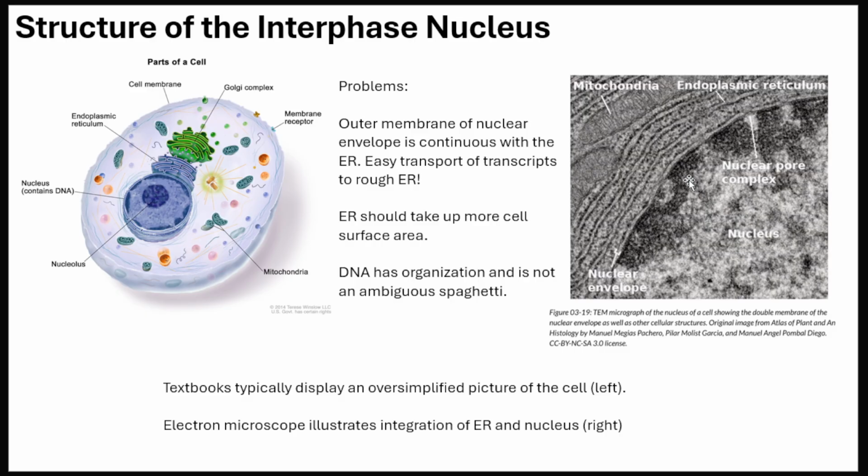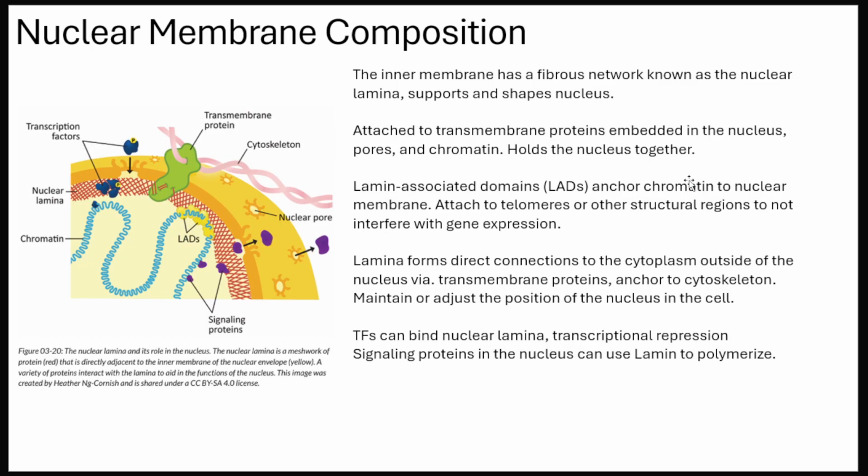But the DNA has organization too. You see a lot of the time in textbooks where it's just this ambiguous spaghetti, but there's such a high level of organization, which we will get into. So, starting on the outside of the membrane, there's this really interesting component called the nuclear lamina, and it hugs against this inner membrane here.